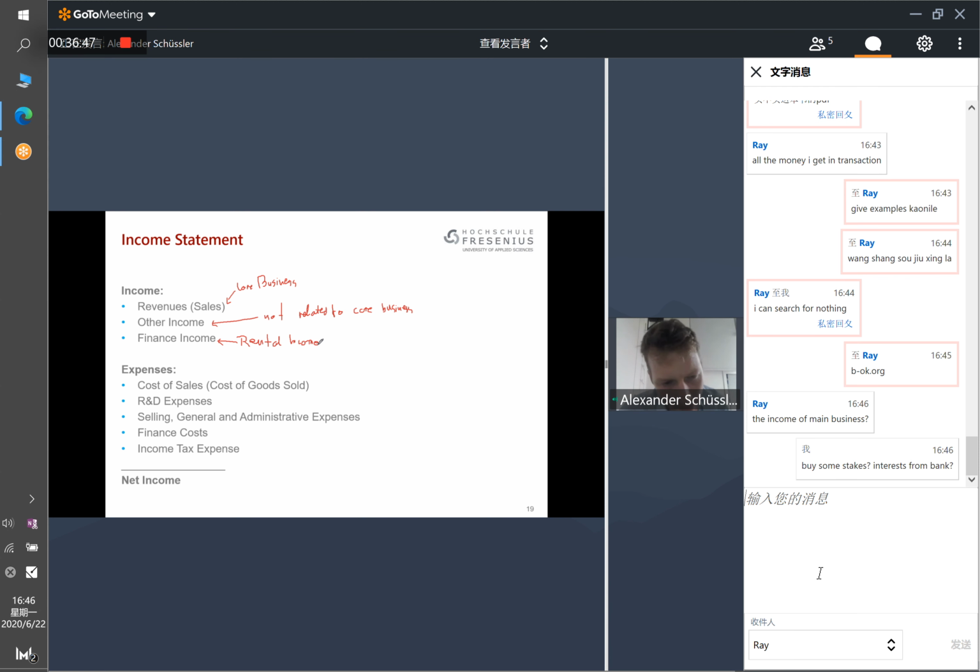Then we have the expenses. The first line here is cost of sales, or cost of goods sold.